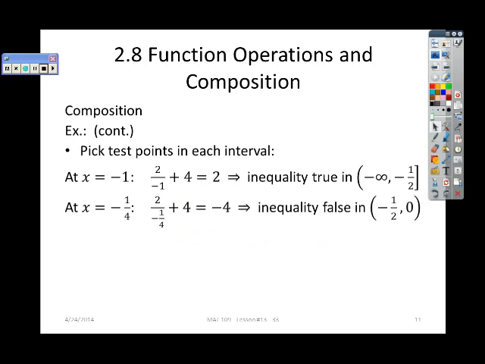If we pick in between -1/2 and 0, we pick -1/4, it's false there. And if we pick 1, because we want to be above 0, we can't pick 0. 0 is a breakpoint, so we can't pick 0 for our test. So we have to pick something larger than that. It's true there. So it's true on the two end ones, not true in the middle.